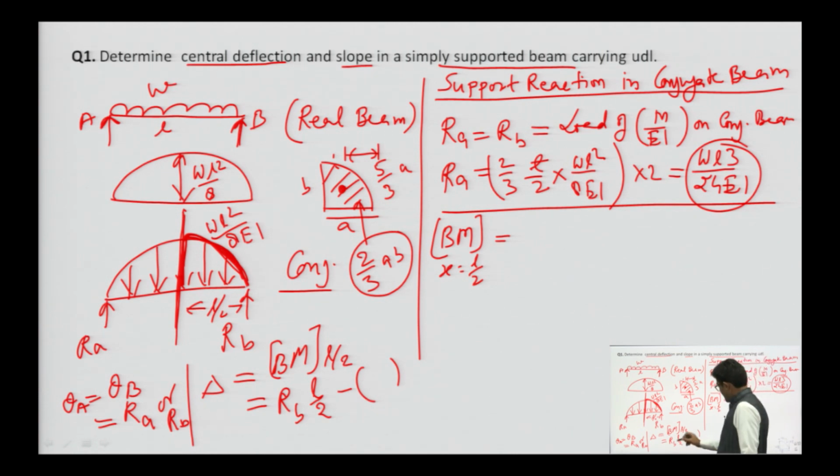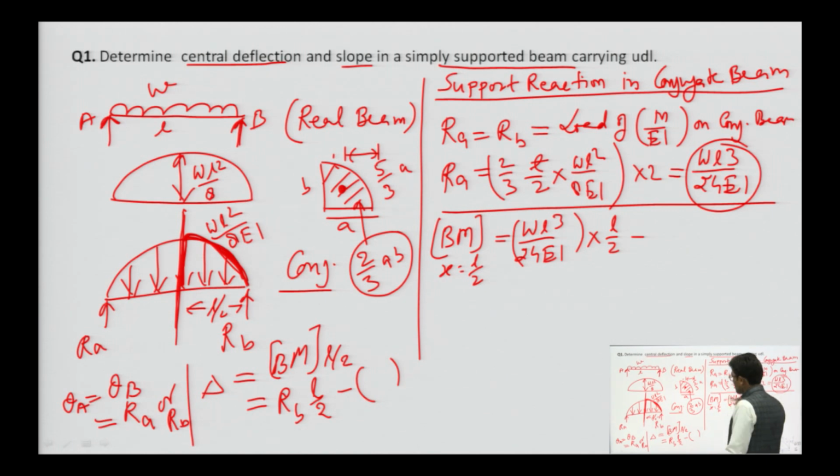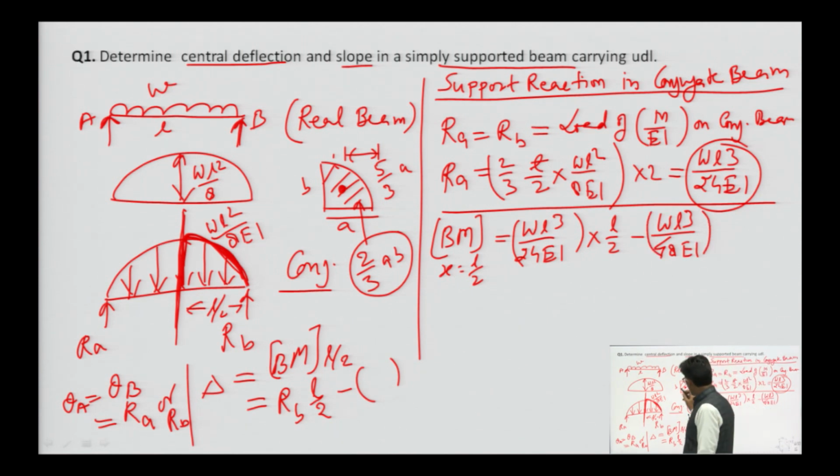It is written here, R B we have calculated WL cube upon 24 EI, into L by 2 minus, what will be the load? Load will be half of this, since this is one half part. So WL cube upon 48 EI, this is the load, and the distance, CG, this one distance will be how much?